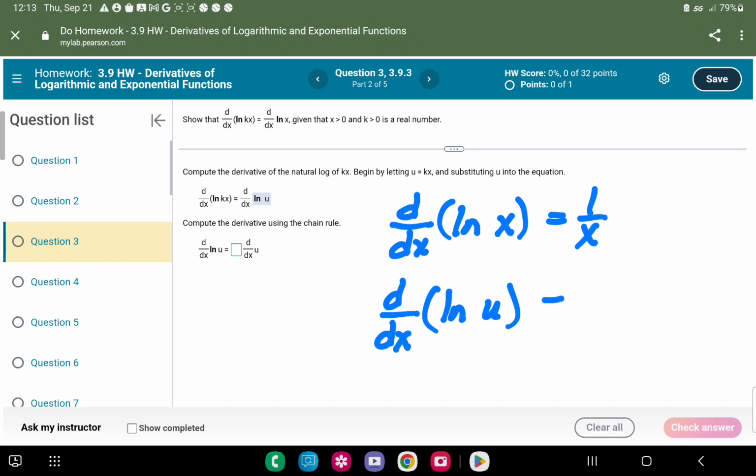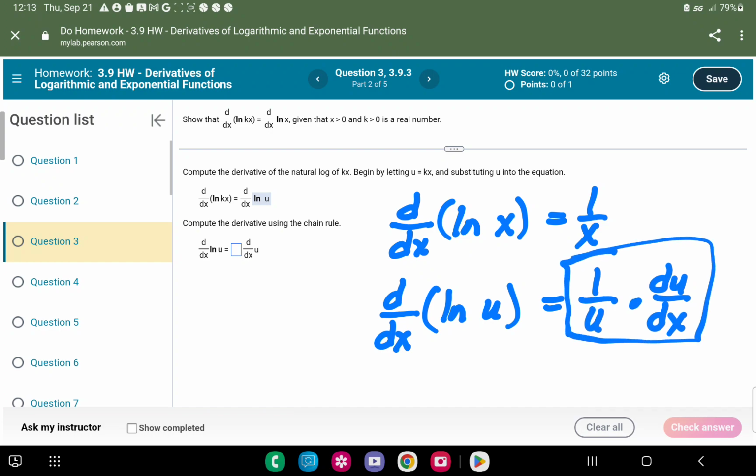So a little bit of a change here. This is going to be 1 over u under the chain rule times u prime, or du over dx. This is what we're trying to substitute in using the chain rule.